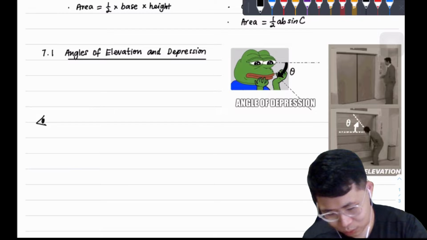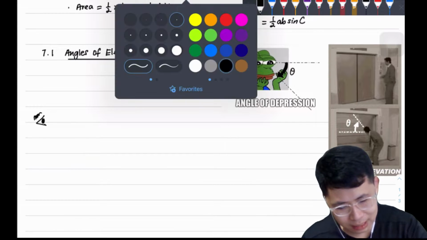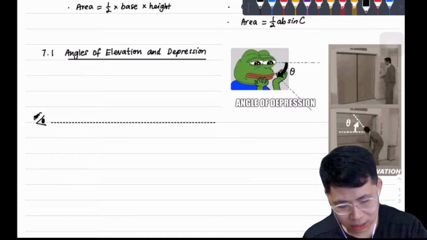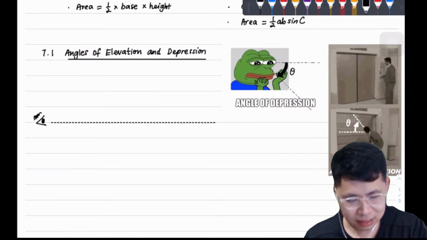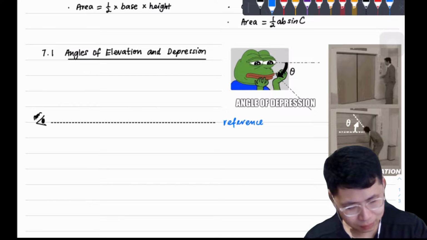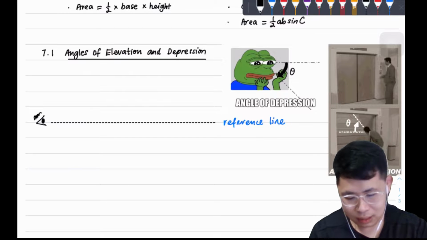Our eyesight is very important, so let me draw an eye over here. I'm going to call this the equilibrium line, or the reference line, and this reference line is going to be really important for us.